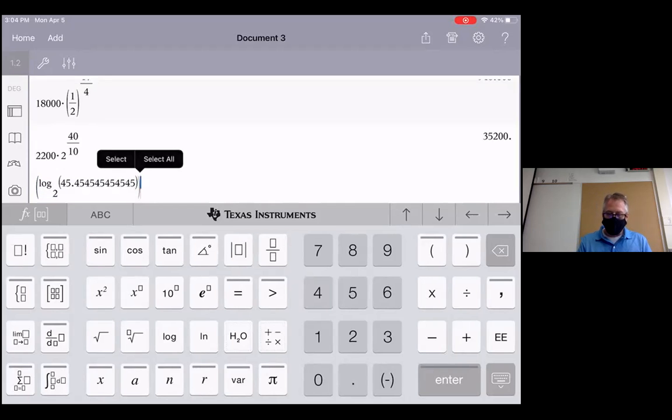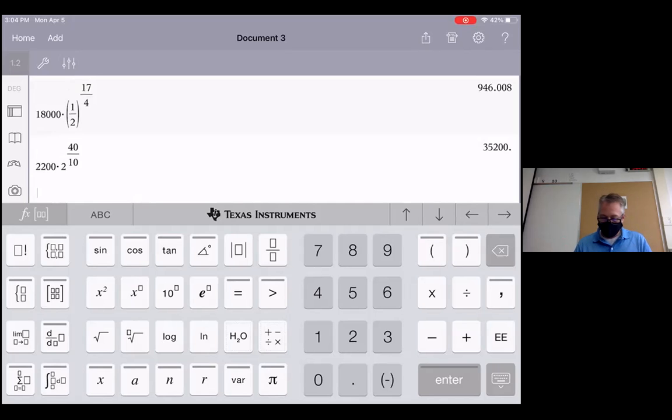If I write it right now to the 10th, it's going to do the log stuff first and then do the 10th power, but that's not necessarily what I mean. I want to do the 45.45 repeating to the 10th and then take log base 2 of that. This calculator is not going to allow me to do that. There's a method that we use.